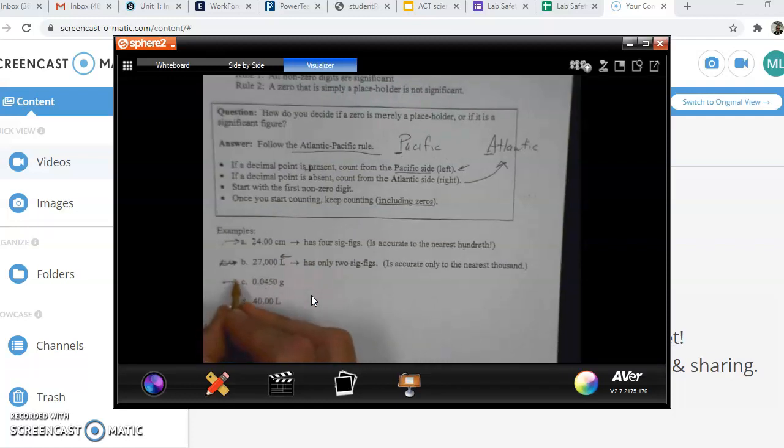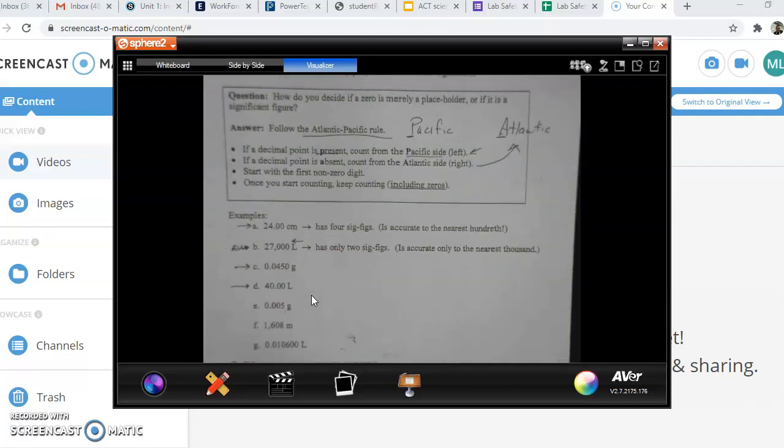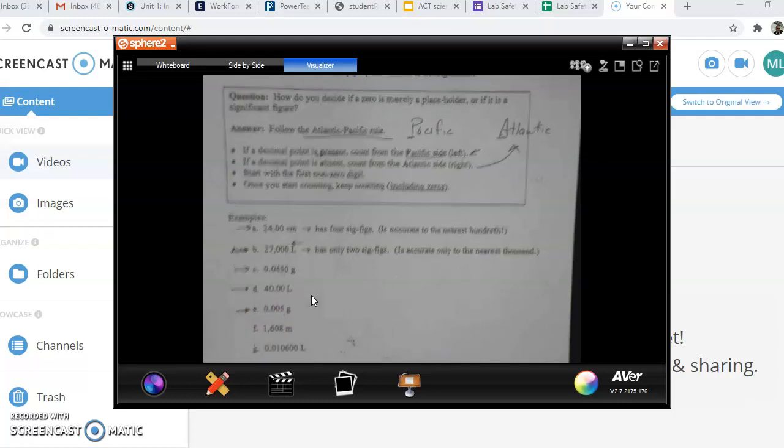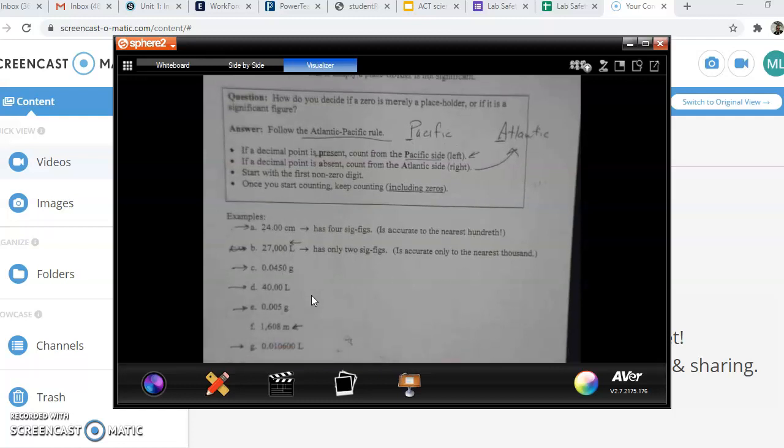Yes, it is. So we're going to start counting on that side. 40.00, yes, it also has a decimal. 0.005, yes, it also has a decimal. 1608 does not have a decimal, so you're going to count from there. And then finally, this one does. Okay, so once you have established that it has a decimal or not, you're going to count from that direction.